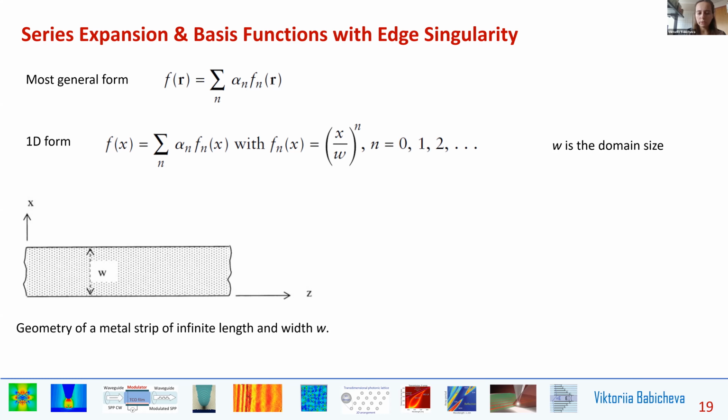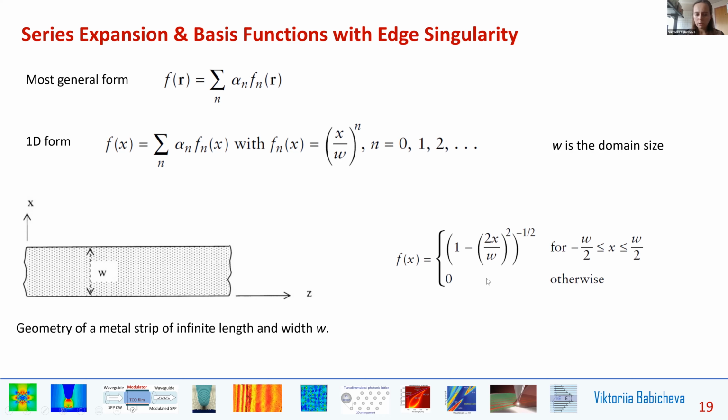So the charge density distribution on the strip can be described by a single basis function, like this. And we can see that the function models a symmetric distribution with the charge density suddenly increasing at the edges, right?